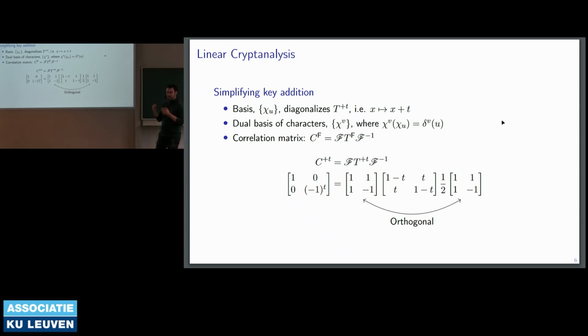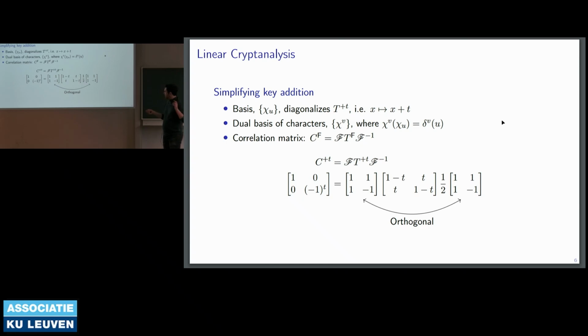This comes down to key addition, basically. So using characters, we can find a basis of linear functions and then a basis of vectors which do indeed diagonalize the translation. Changing to this specific basis gives you what we call the correlation matrix. This correlation matrix contains the correlations of all the linear approximations over your function.